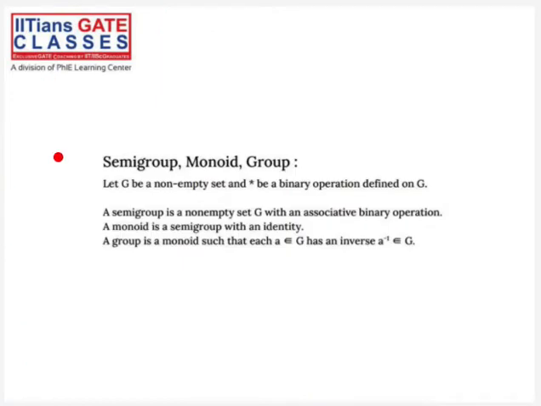So this is the definition. You can see a semigroup is a non-empty set. Remember, actually, in this slide you can see there is no groupoid or algebraic structure. Why is that? Because in the definition of binary operation, we have already included this closure property.